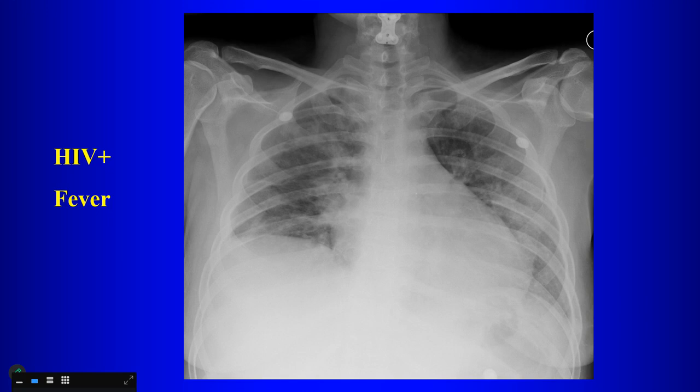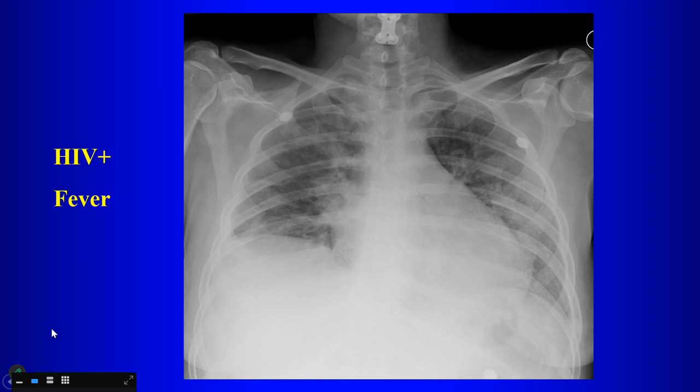You have these kind of vague opacities, right? It's kind of hard to figure out exactly what's going on. You have these vague opacities on the chest radiograph.